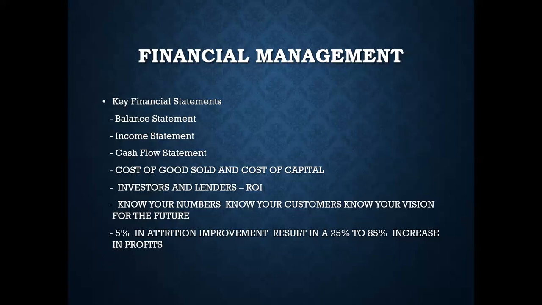What that means is that you have to have loyal customers, and you can't be losing them. Because let's say, for example, you have 100 loyal customers when you started the business, but every year it's reduced by 5% or 10%, that's a no-no. Here's a rule of thumb. A 5% improvement in retention will result in a 25 to 85% increase in your profits.